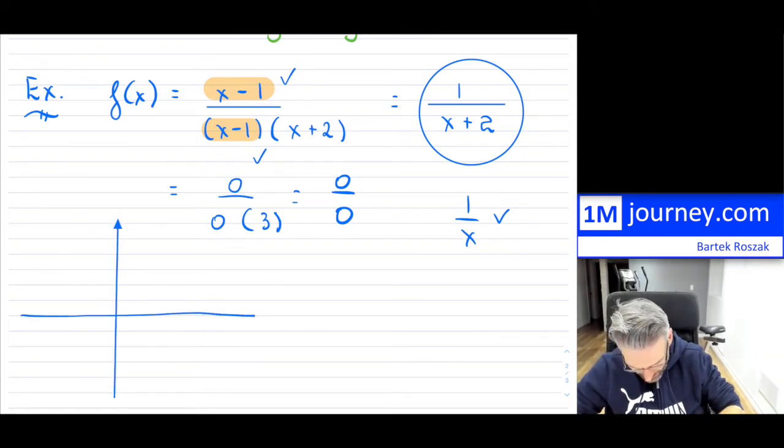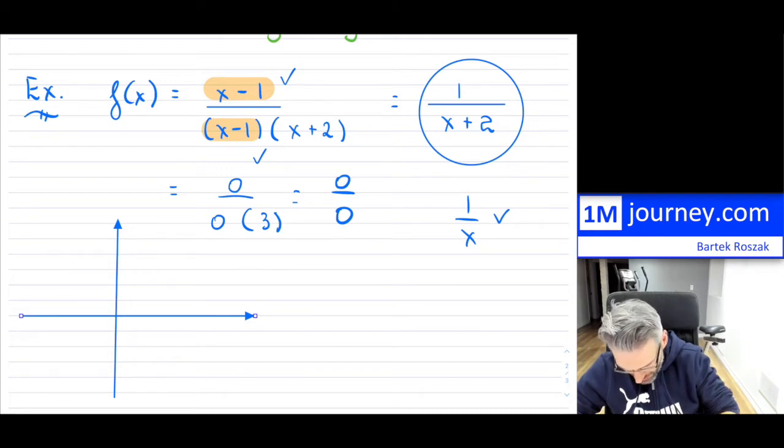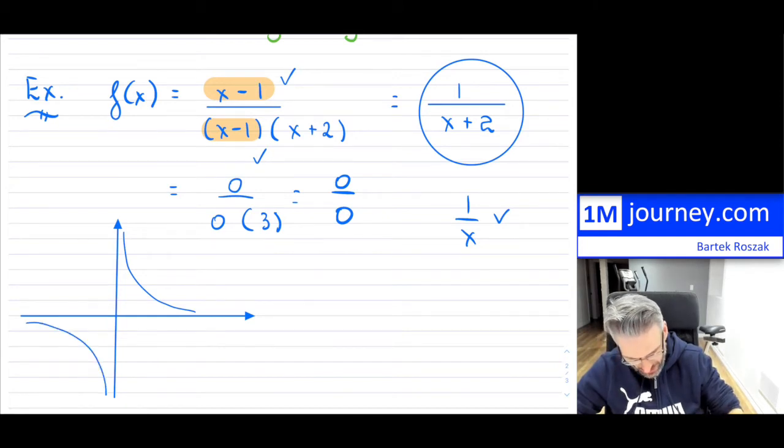So if I have it like that, we know 1 over x would have looked like that, and then it would look like that, but because of the x plus 2, this thing is going to shift over into here, and really what this would have looked like is kind of like this, right, and then this is like that.